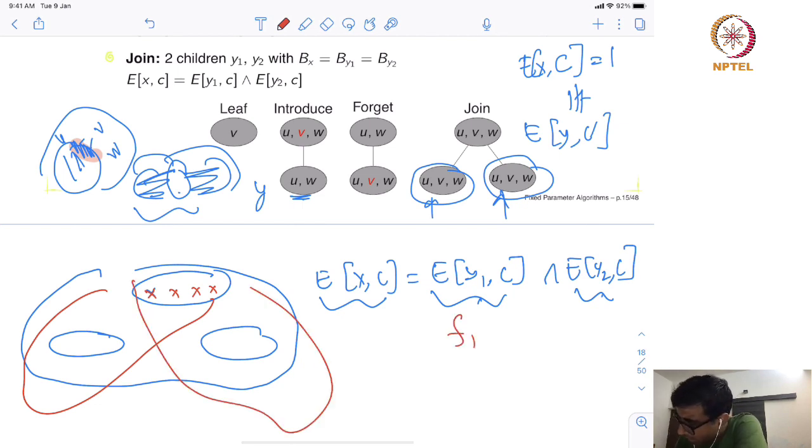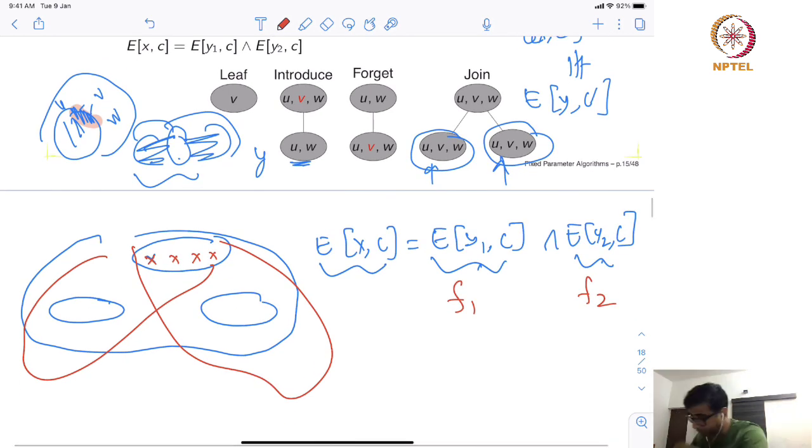Let's look at the other one. What does this evaluate to? It means there is a function F2 which evaluates to true. Now I will show that, since this is an AND, if both of them evaluate to 1, then this definitely evaluates to 1.